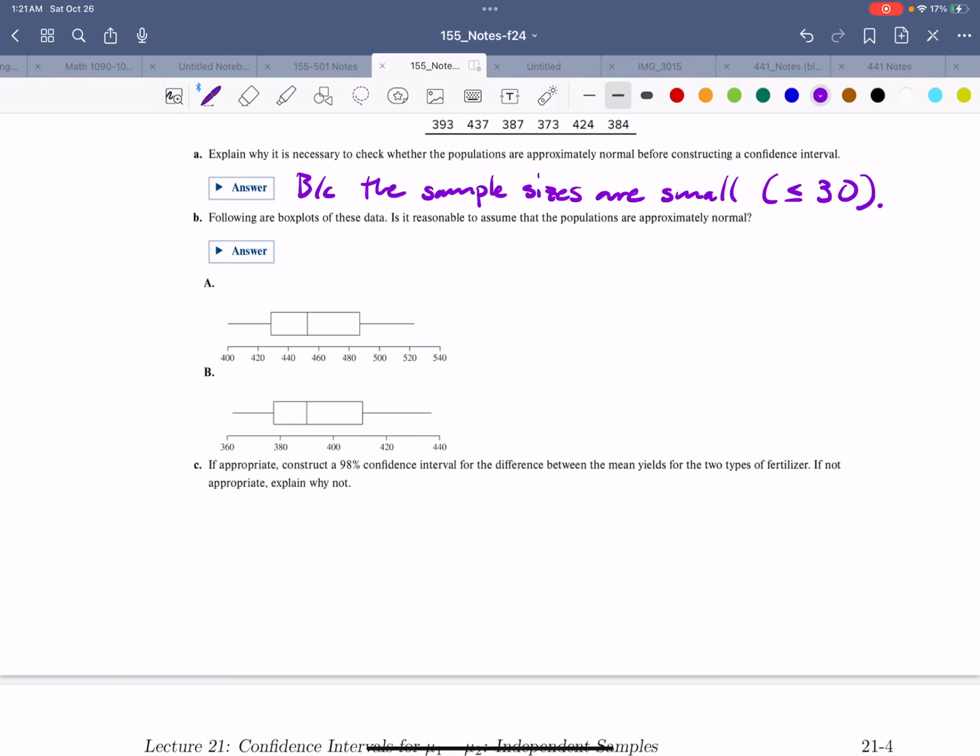These populations are normal. Remember section 7.6. There's no skewness, there are no outliers. And we don't really know about modality, but no reason to think it's not unimodal. So, all right, construct a 98% confidence interval.